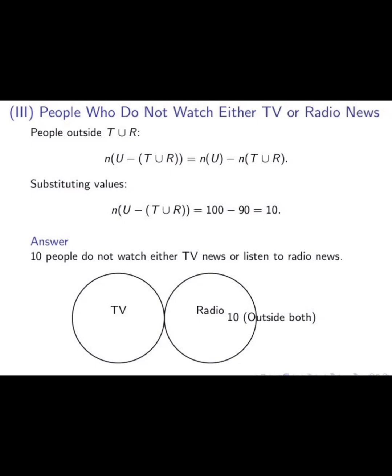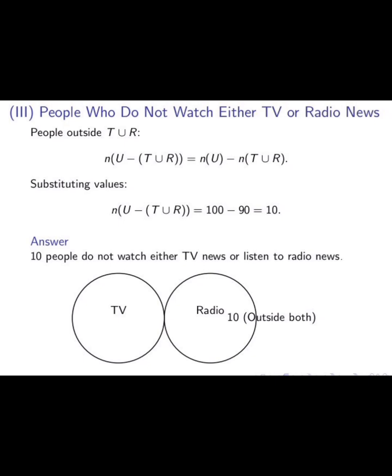Now, the number of people that either watch TV or radio is 90, which we've already gotten from the previous slide. So substituting the values, people who do not watch either TV news or radio news will just be 100 minus 90, which is 10. So they are outside both of them. You can see it clearly on the Venn diagram.